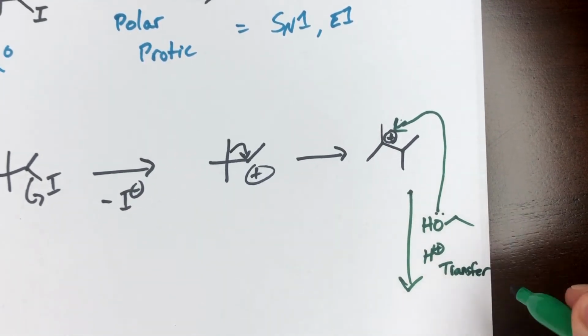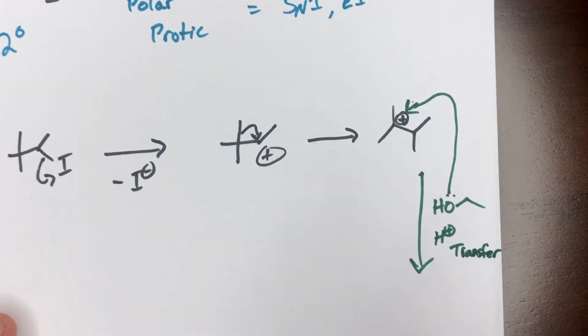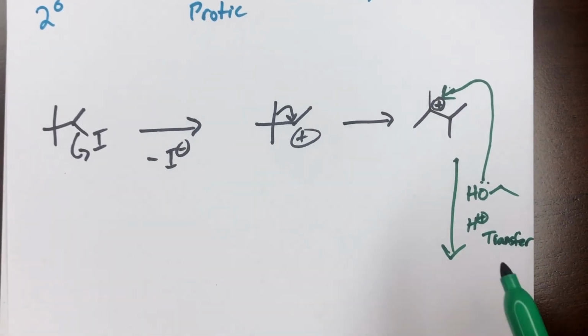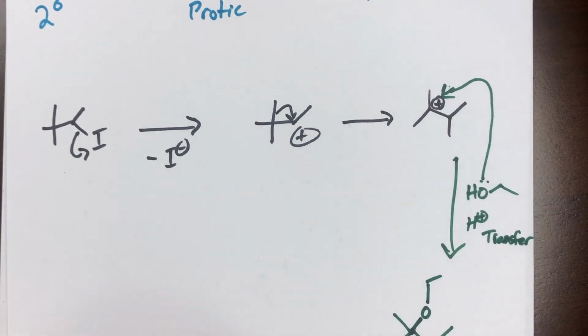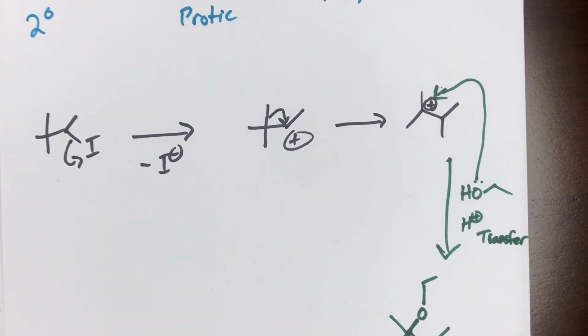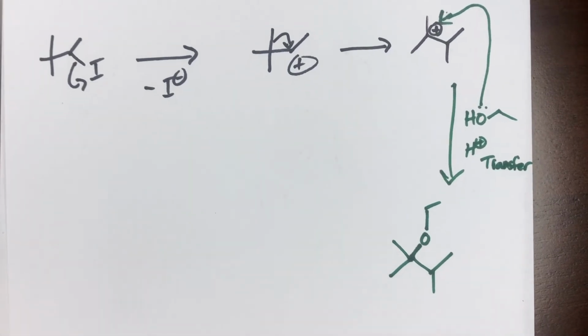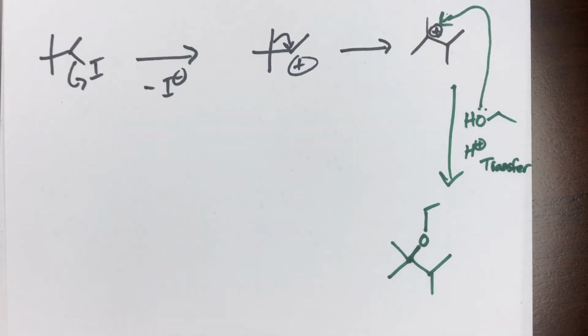We've already seen them in a couple other cases. So we have proton transfer, and we get the ether as the final product, which is this one here. Again, count your carbons and make sure that everything's balanced out, but it should be.